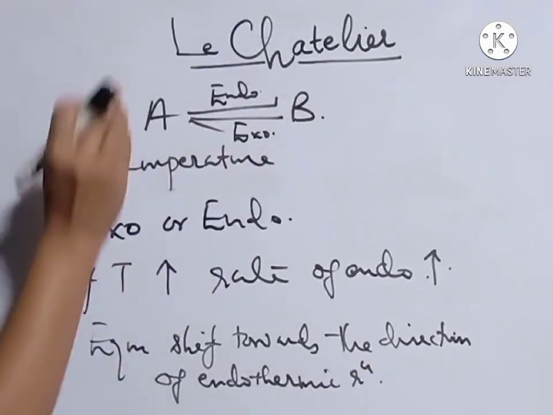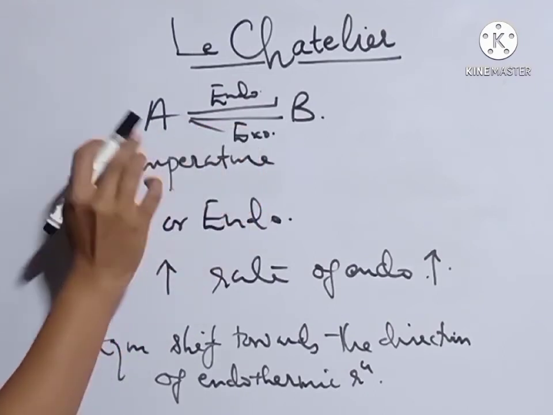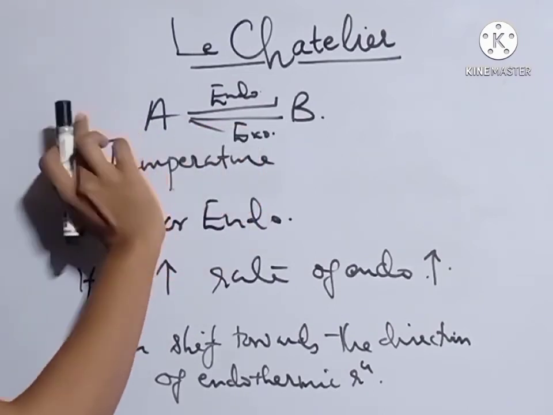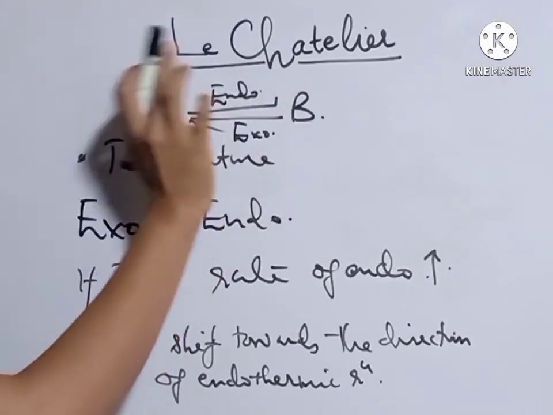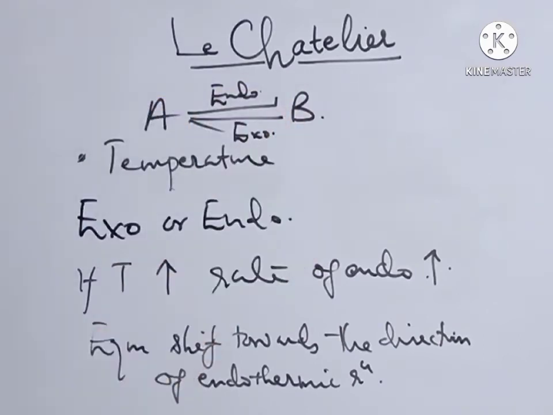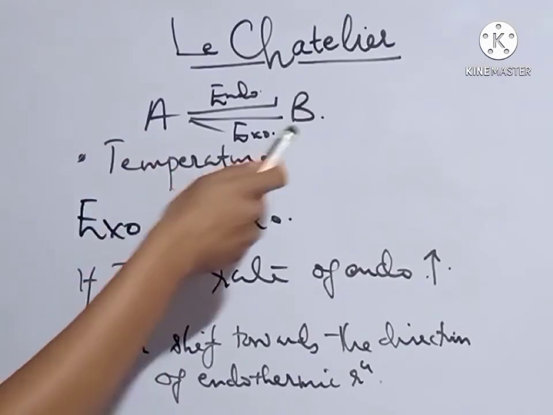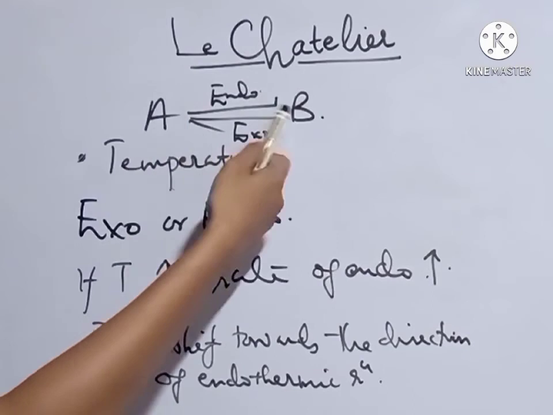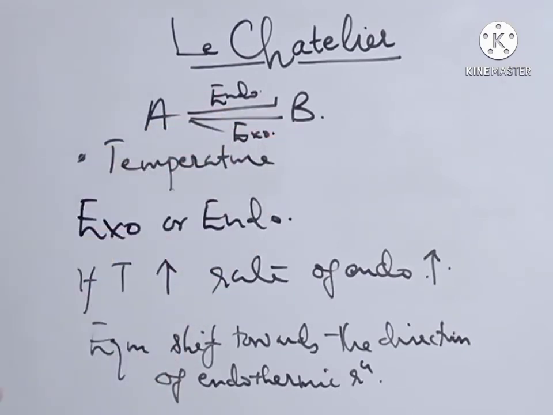For example, if temperature increases for this equilibrium reaction, the equilibrium shifts towards right. That is, the equilibrium shifts towards the direction of the endothermic reaction, that is A to B, and the backward reaction rate decreases. Similarly, decreasing temperature favors the backward reaction. That means B to A conversion will occur at a faster rate.